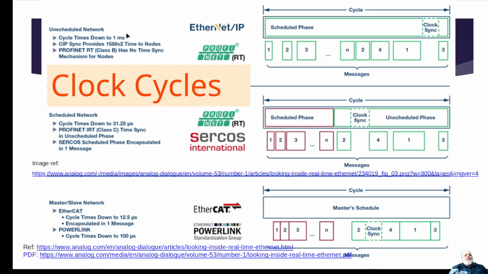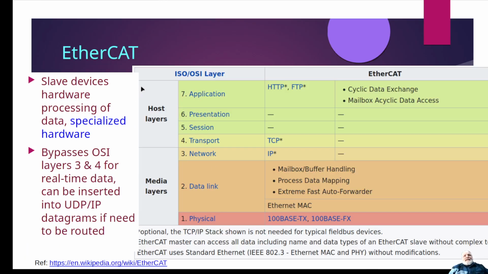But if you need really high speed, SERCOS will let you get down to 31.25 microseconds, and this EtherCAT that I mentioned is about the fastest I've seen. It will let you send updates every 12.5 microseconds. So it's extremely fast.